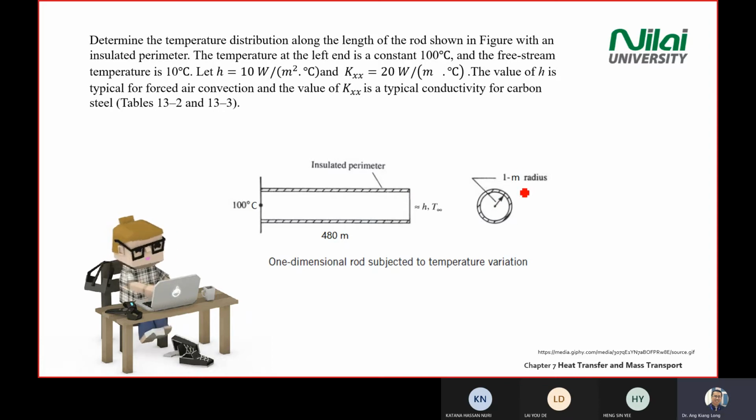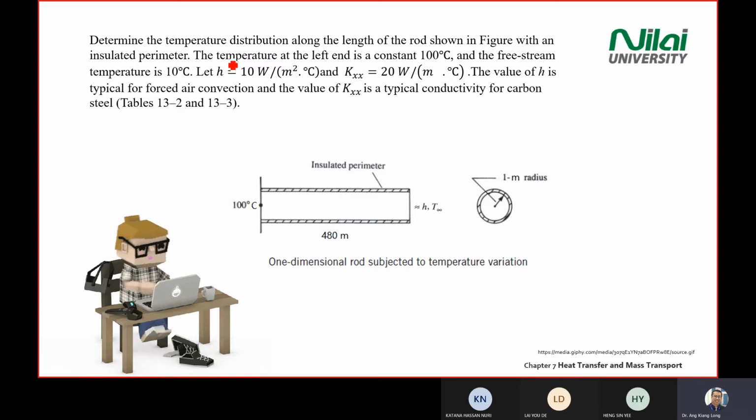Of course, in the exam, you won't see all these straightforward answers. In this tutorial, you have a 1 meter radius, and the question asks us to do what? Let's look at the question. We need to determine the temperature distribution along the length.